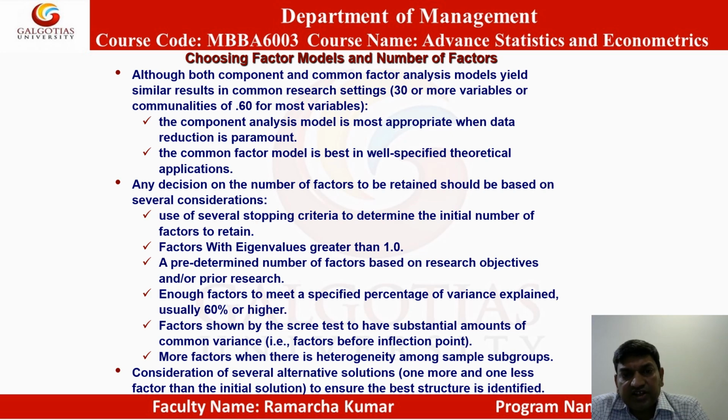Use more factors when there is heterogeneity among sample subgroups. Consider several alternative solutions, one more and one less factor than the initial solution, to ensure the best structure is identified.